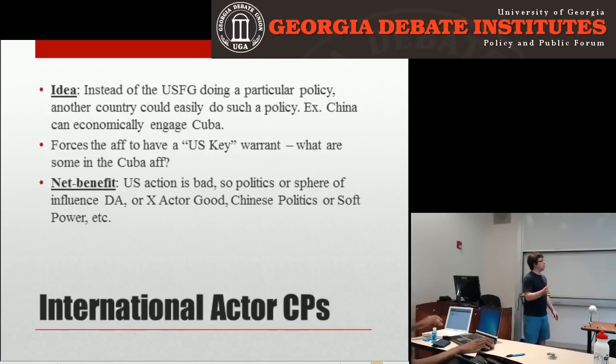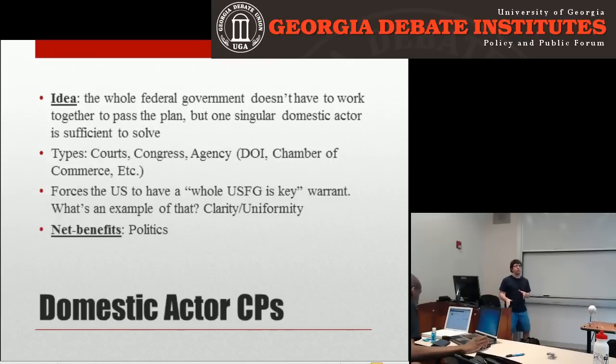And so that's a little bit complicated, but that's something that might be avoided by the China counterplan, but links to U.S. action, right? Or there's also the net benefit of just Chinese action alone is good, like Chinese soft power, Chinese politics, but that's a little bit next level, but a lot of that's in the counterplan evidence packet. So are there any questions about international actor counterplans or their usefulness?